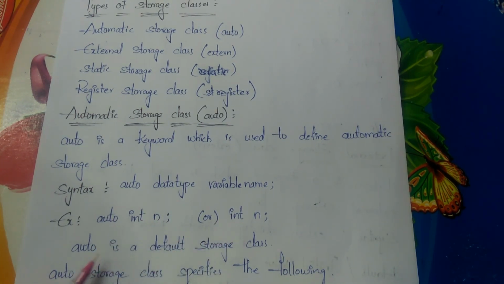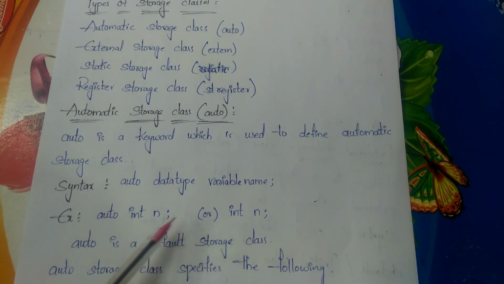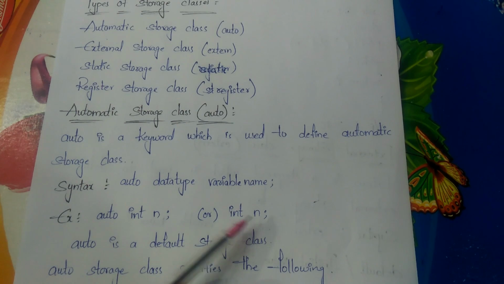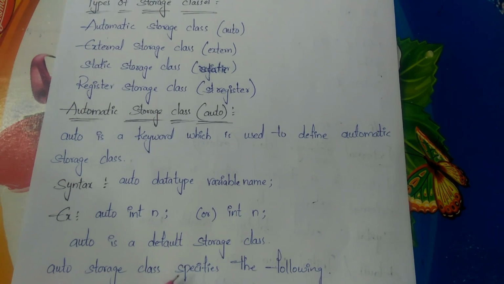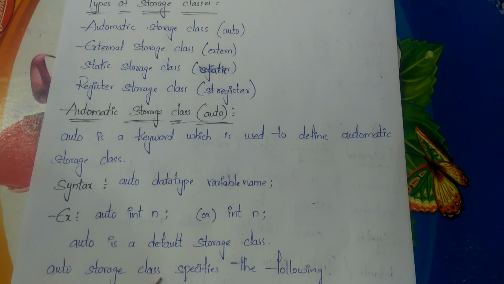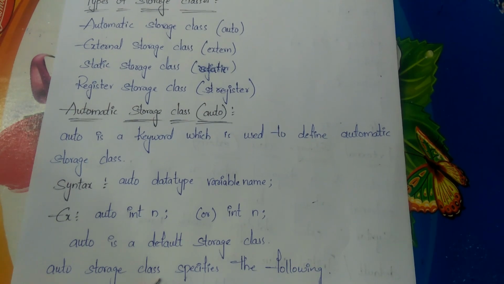Auto is the default storage class, so writing int n and writing auto int n is the same. Auto storage class specifies the following: default value, scope of variable, storage area, and lifetime. Let's discuss all of them.